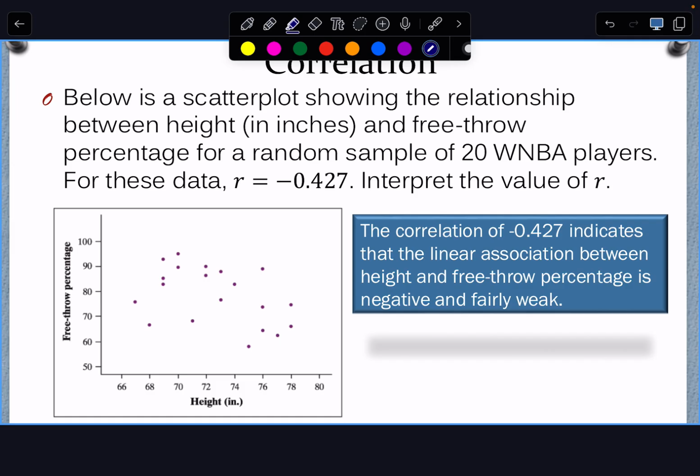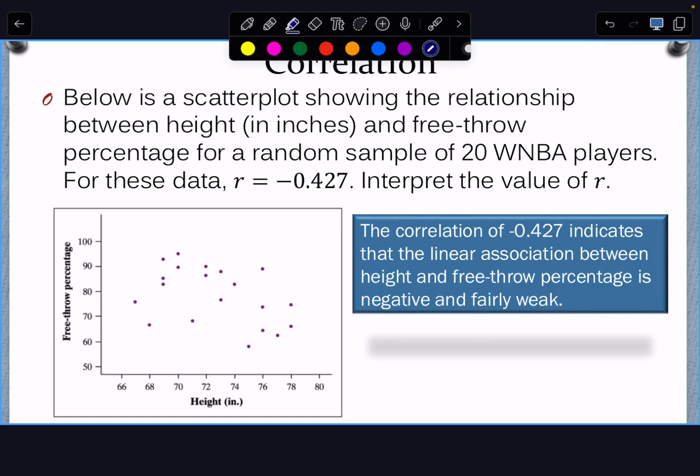So as we look at this relationship between height and free throw percentage, we do see that it has a linear form. It's not very strong. And it has kind of that negative direction to it.